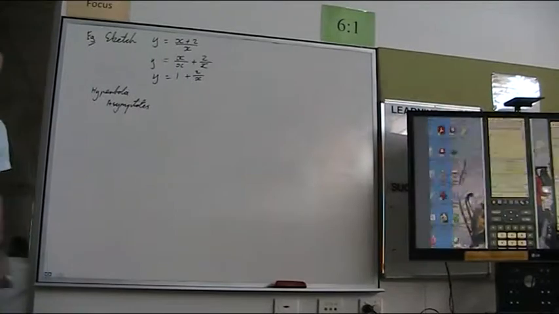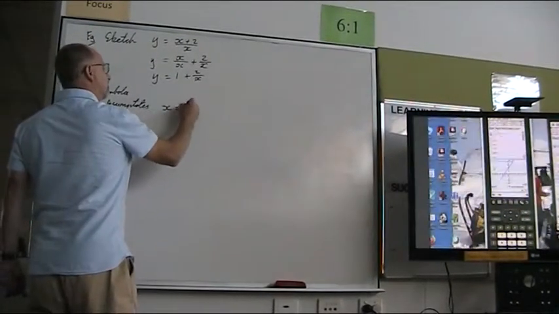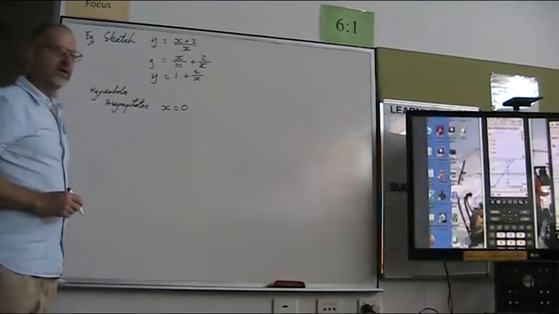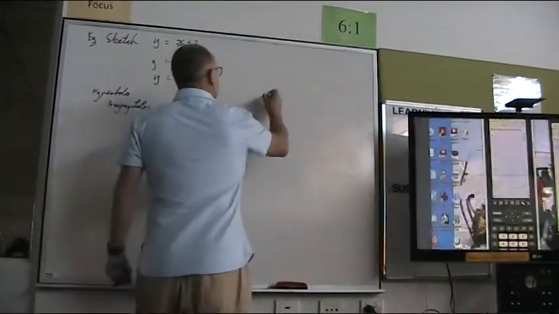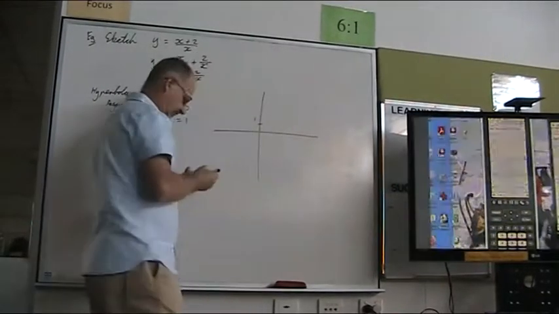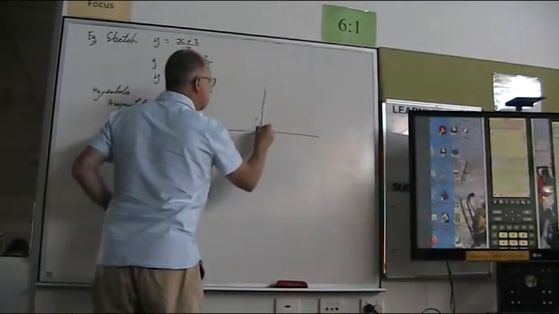One of them would be x equals 0. The other would be y equals 1. Alright, so let's put our asymptotes in.